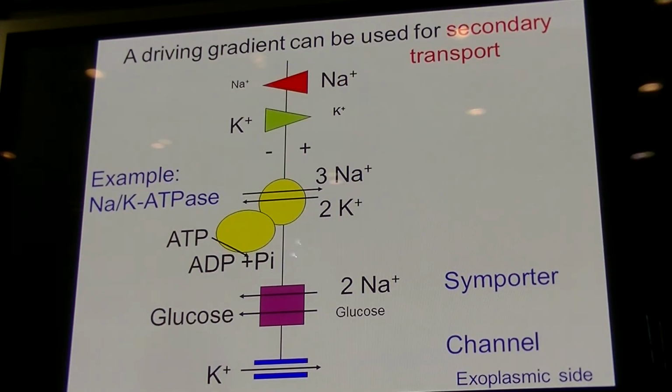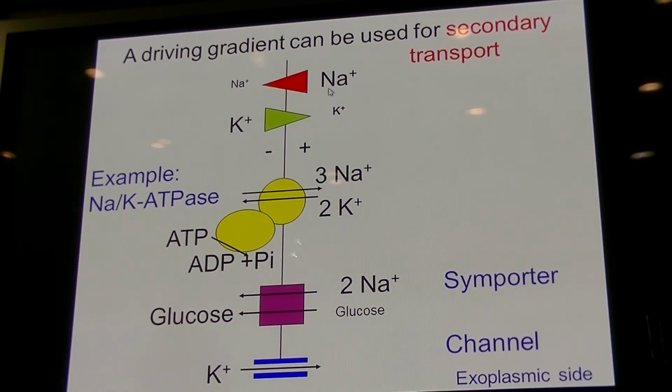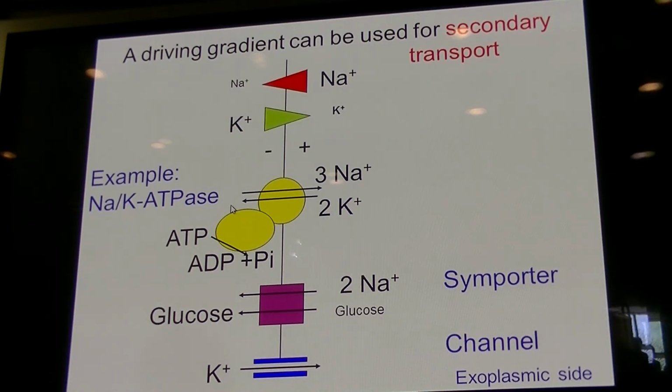Okay, so think about our plasma membrane. We have a sodium gradient and a potassium gradient. What's causing that? The primary cause is this sodium-potassium pump, depicted here. Very simple diagram. ATP is hydrolyzed, three sodium move out, two potassium move in. Sodium-potassium ATPase, sodium-potassium pump.